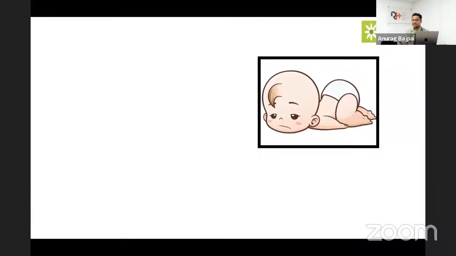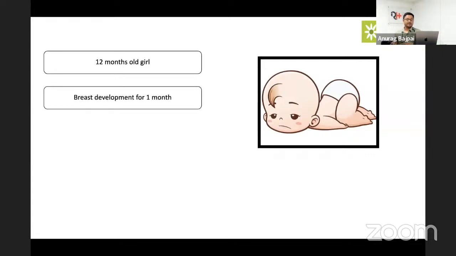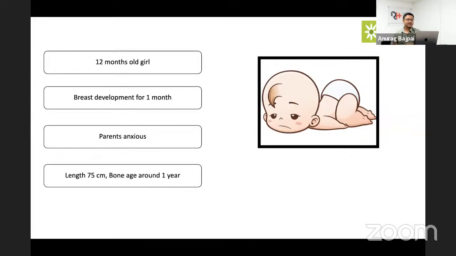So the next case, a 12-month-old girl presented to us with breast development for the last 1 month. The child is not so sad as seen in this picture, but the parents were concerned about this breast development and came to us for an opinion. We examined the child and the length is appropriate for 1 year of age, and the bone age is around 1 year of age.